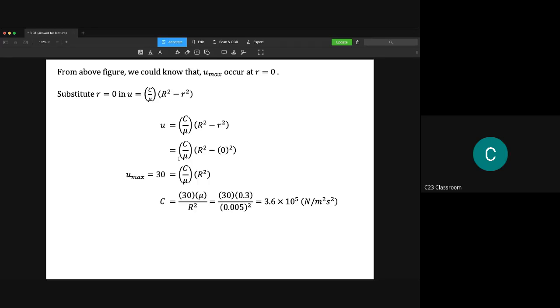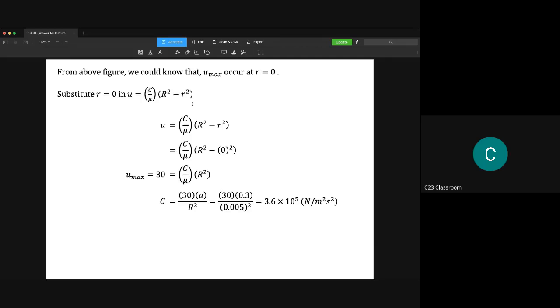So for example, we know that the velocity at a certain height, at a certain location, is given by this equation: u equals C over mu times (R squared minus r squared). C here is a constant, and first we need to calculate the value of that constant.